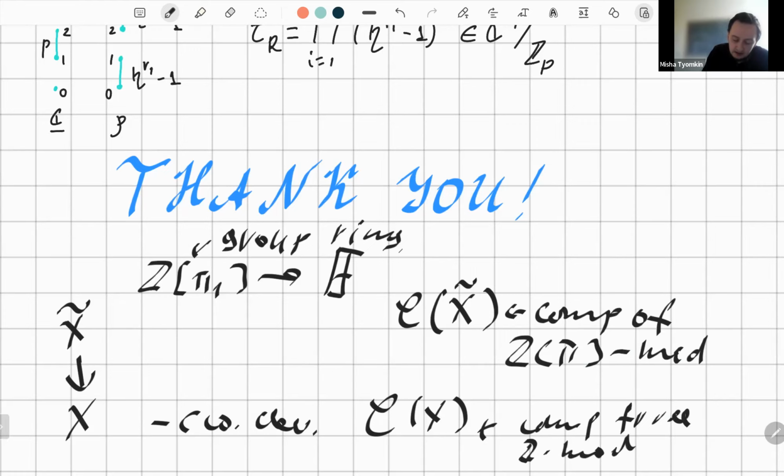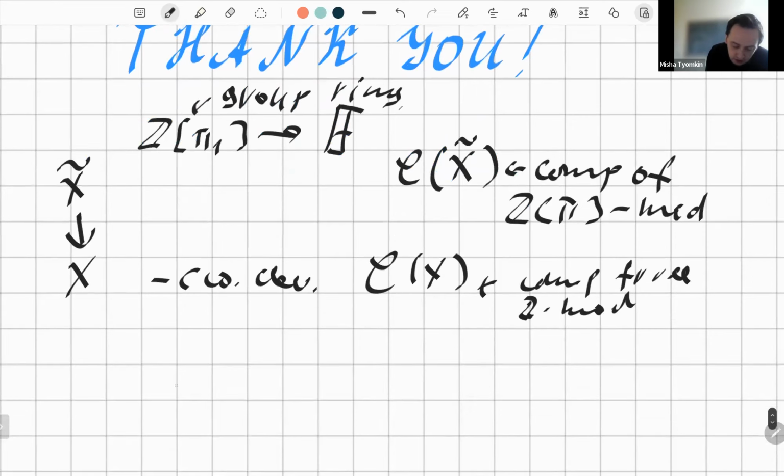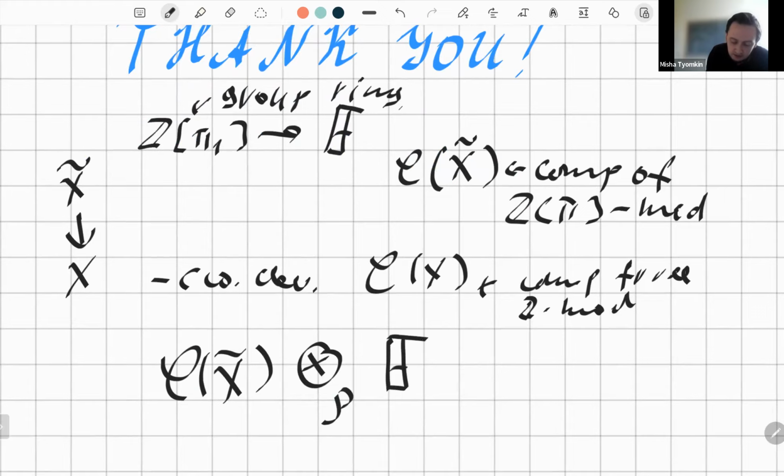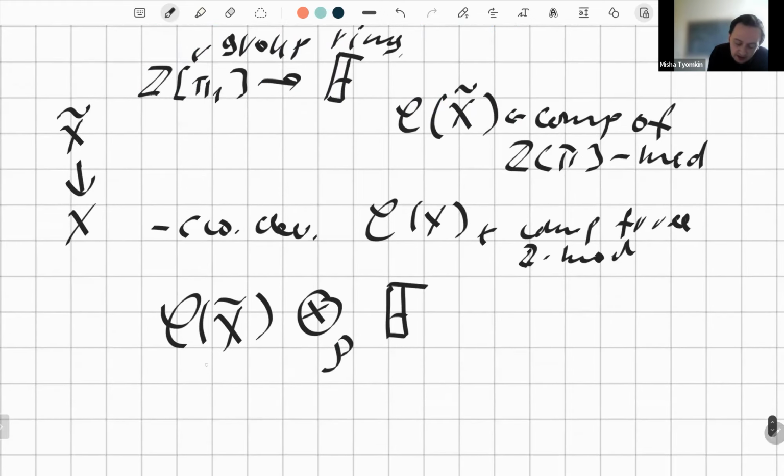And then you might want to take this complex of Z[pi] modules and transfer it over rho by F. By this I mean that F itself is also a Z[pi] module, right?